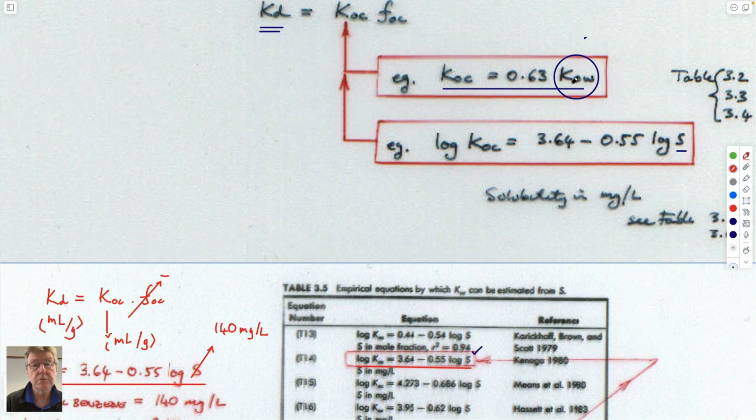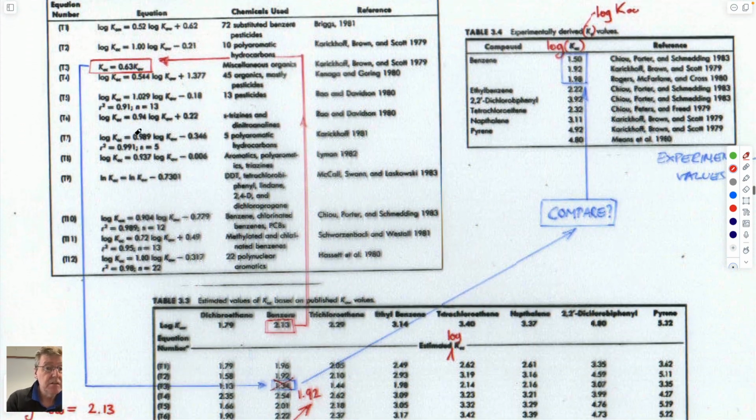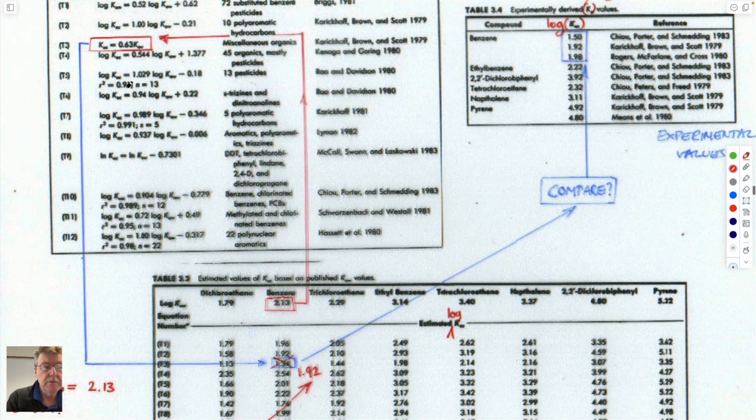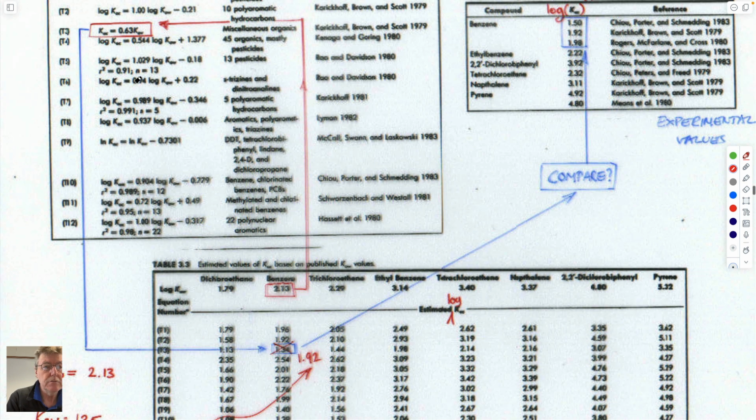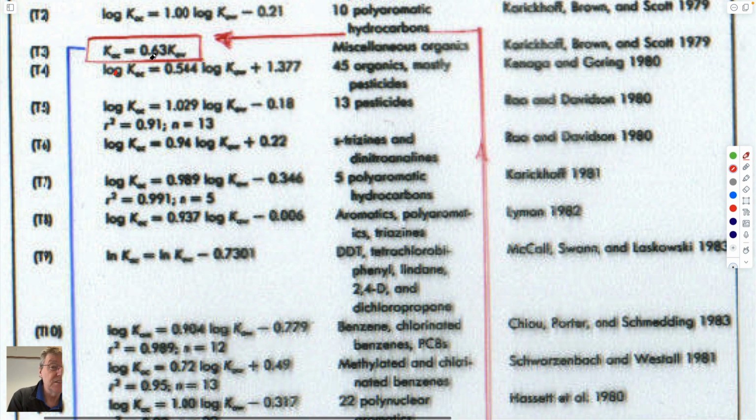We can also do it in terms of, instead of solubility, the octanol water partition coefficient. So if we do that here, again, the equations are specific to different compounds, but here we're taking this expression here. If you can't see it, KOC is equal to 0.63 KOW.